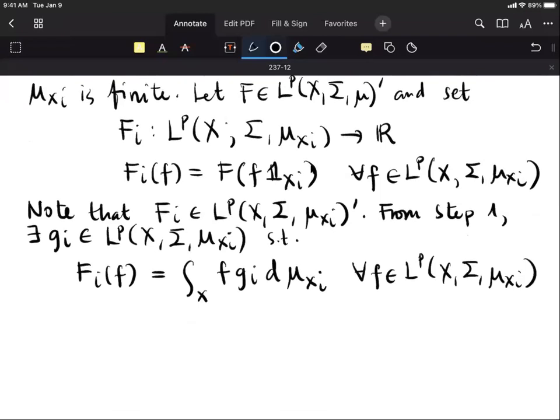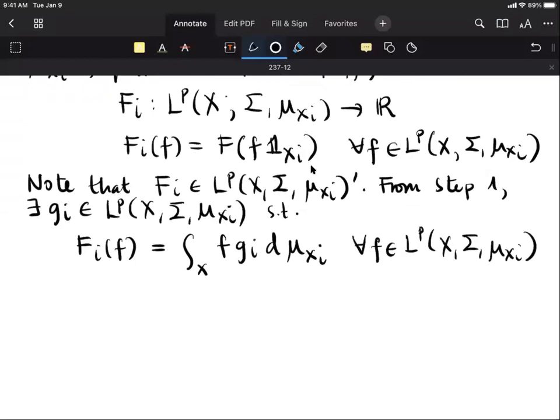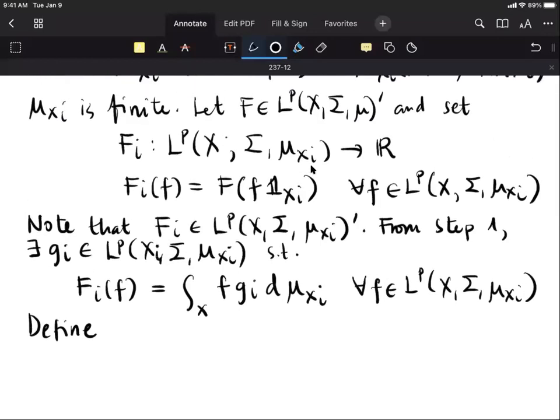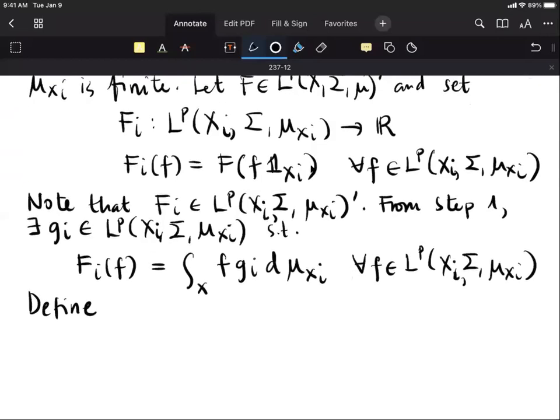Okay, so from this, we now define, so we base these functions. I should really use x sub I, so there must be an x sub I here. So now we can define G by pasting these functions.